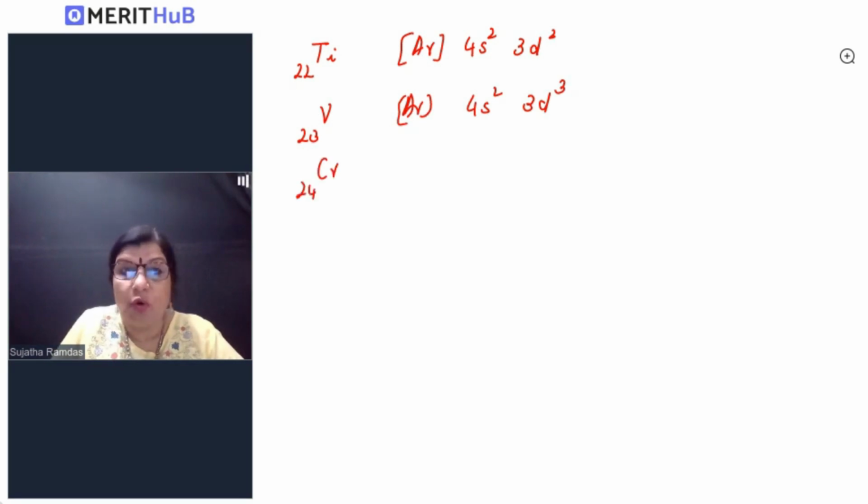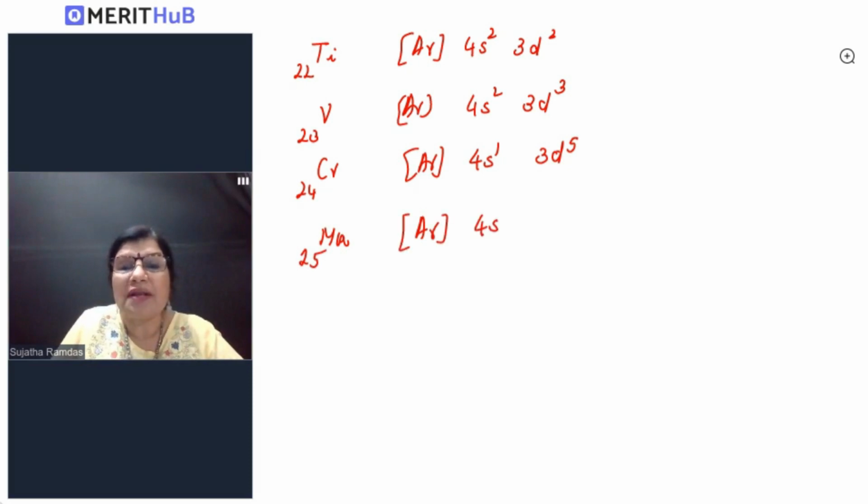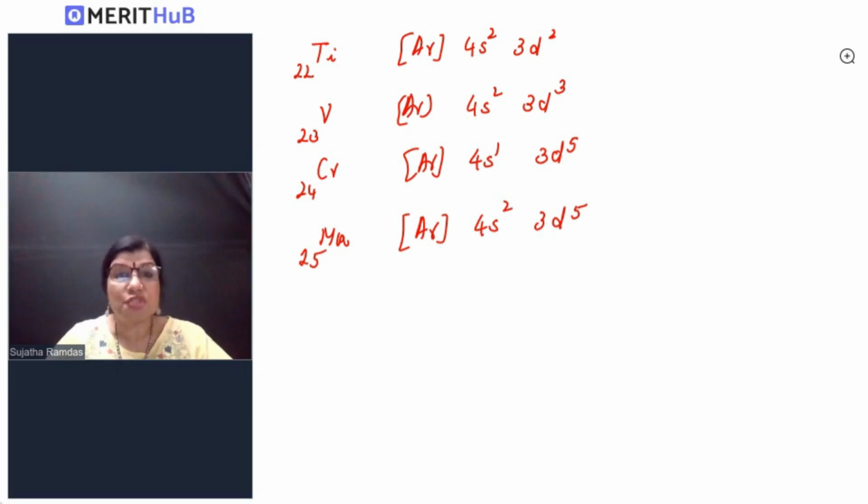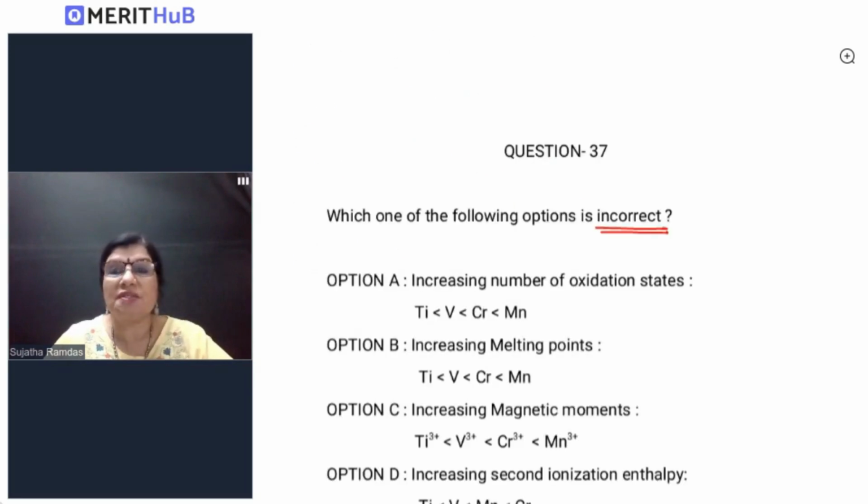Chromium 24, a special configuration, 4s1, 3d5, right? And then we have manganese 25, configuration being argon 4s2, 3d5. So first let's be sure about the configurations. Once we are ready with electronic configurations, we can analyze each of the 4 options and get to the correct answer to this question, which one of these options is incorrect.